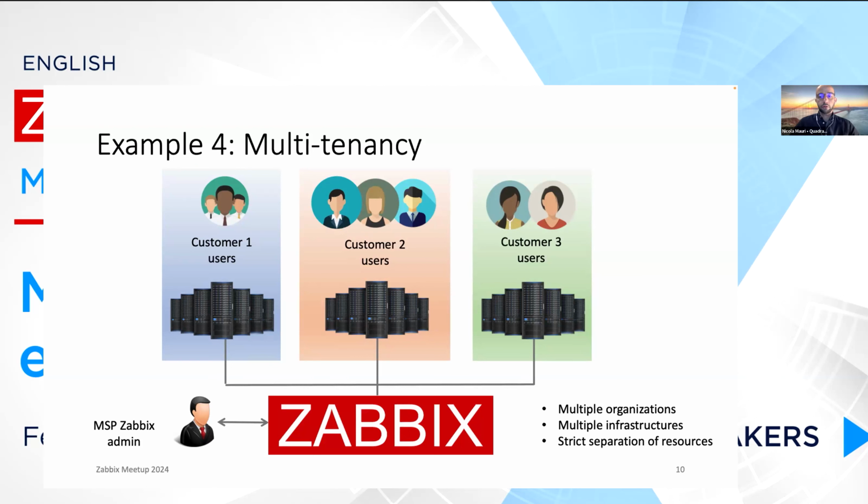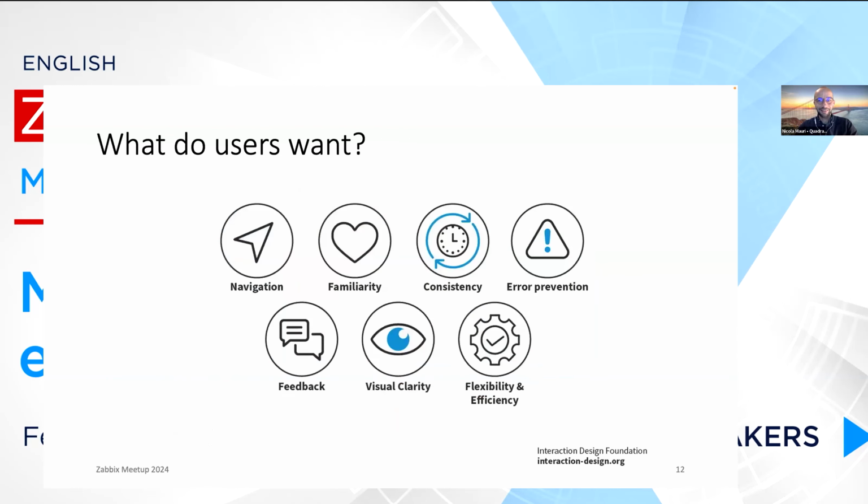Clearly, in each scenario, you need to set up a specific approach. But I think there are some common things that we can say about Zabbix usability in general. So let's see them.